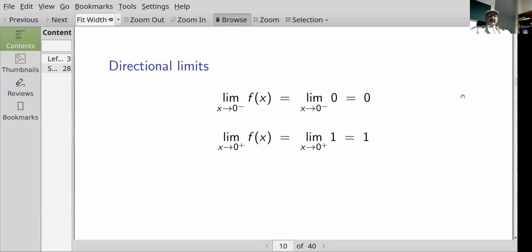Okay? So the directional limits exist, and the regular limit does not exist, because if you consider numbers very close to 0, both to the left of 0 and to the right of 0, you'll keep getting these two different values, 0 and 1. Right?